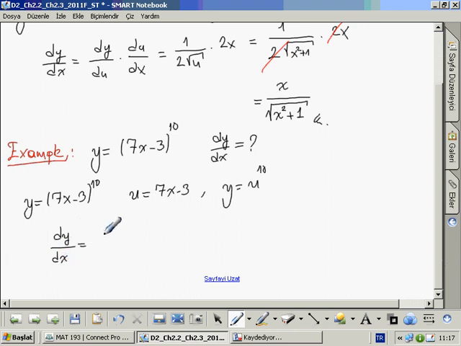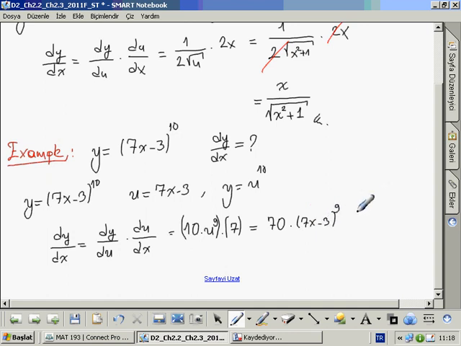Del y over del x equals del y over del u times del u over del x, so it equals 10 times u to the power of 9 times u prime, which is 7. So 70 times (7x minus 3) to the power of 9, which is our solution.